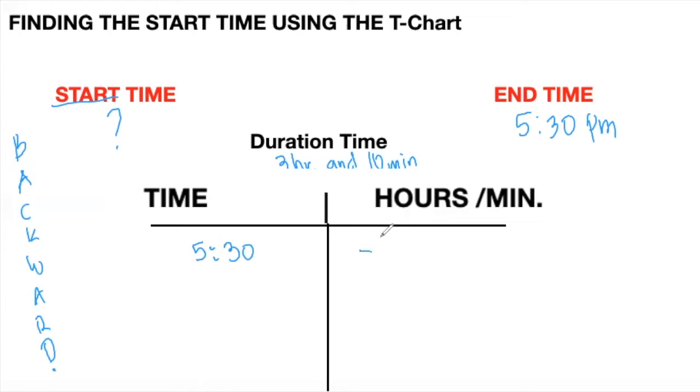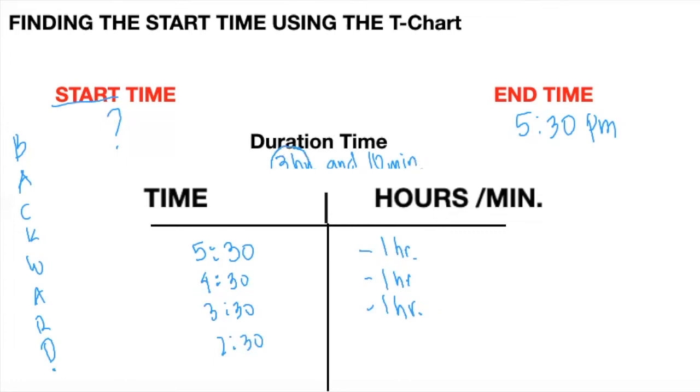So we subtract 1 hour, then that will give us 4:30. Another hour, so that becomes 3:30. And another hour, so that is at 2:30. We're done with the number of hours because we're only deducting 3 hours.